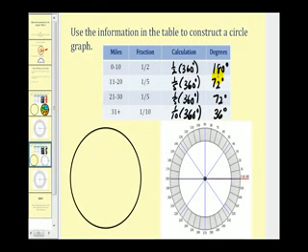Okay, let's go ahead and measure these angles to divide up our circle. Well, this first category is pretty straightforward. 180 degrees would be half the circle. This is the category from 0 to 10. The next category would be 72 degrees. So if we start here at 180, 180 plus 72 would be 252.